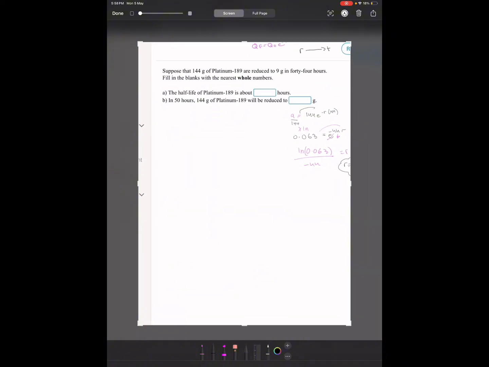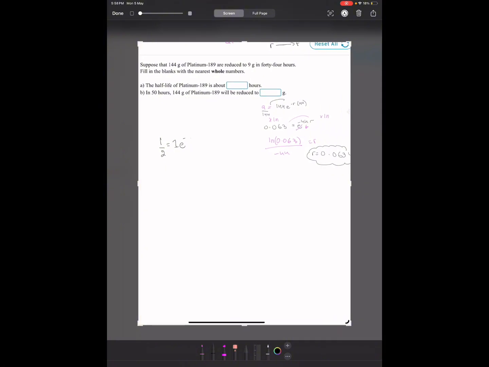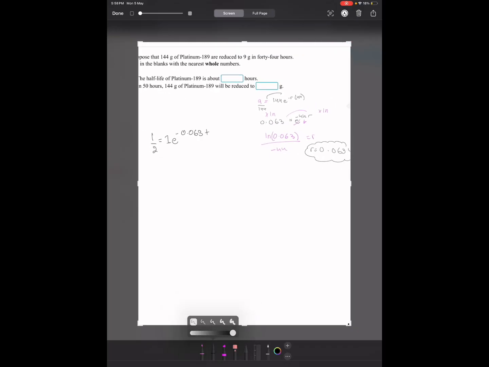That's gonna be 1 over 2 equals 1 e to the power minus r, which we got is 0.063, times the time, which we're trying to find. Multiply by ln to take this down and cross out the e. So we get ln 1 over 2 equals negative 0.063t, moves to the other side, over negative 0.063.